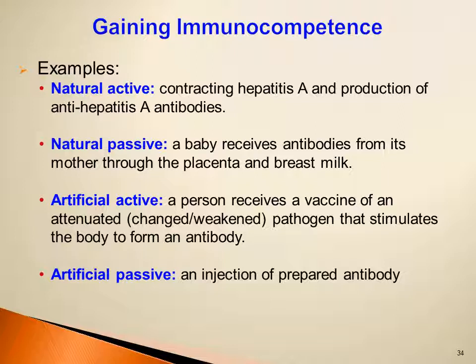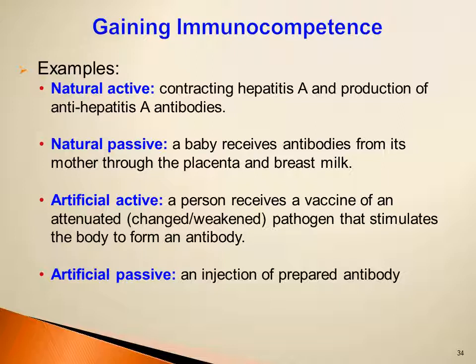Artificial active immunity: a person receives a vaccine of attenuated, changed or weakened pathogens, like the BCG, the vaccine for tuberculosis, and this will stimulate the body to form antibodies. So the person didn't contract an infection, but received the weak antigen by an injection.